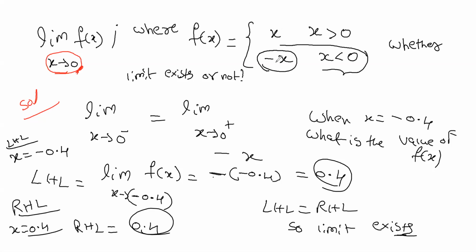When they give these types of functions, like x greater than 0 and x less than 0, they have divided it into intervals, a positive interval and a negative interval, so one value is enough.